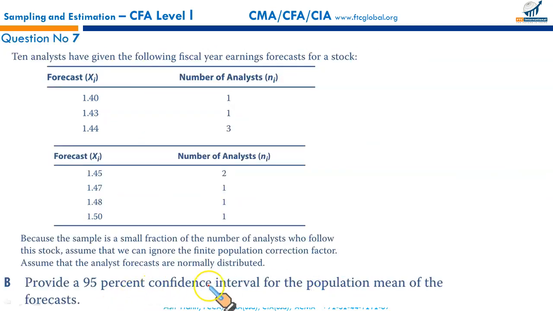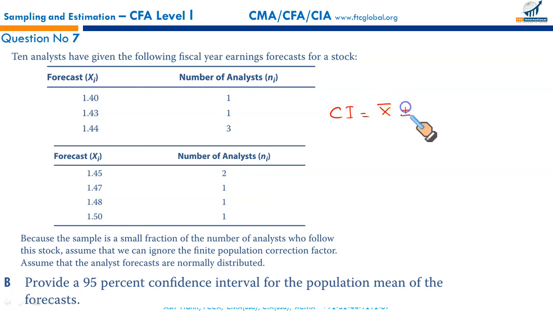Provide a 95% confidence interval for the population mean of the forecast. So we have to establish the confidence interval. Remember, the sample size is 10. The population standard deviation is not known. Then we will have to use the t-distribution, and for that, we know what to do.